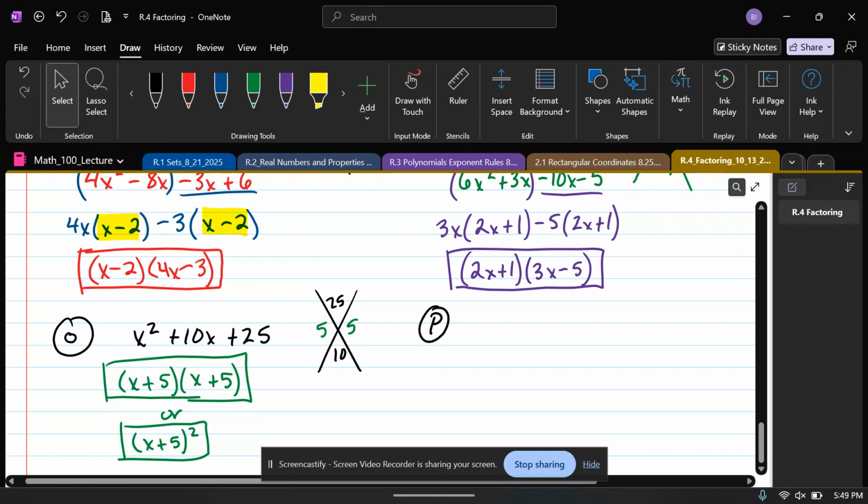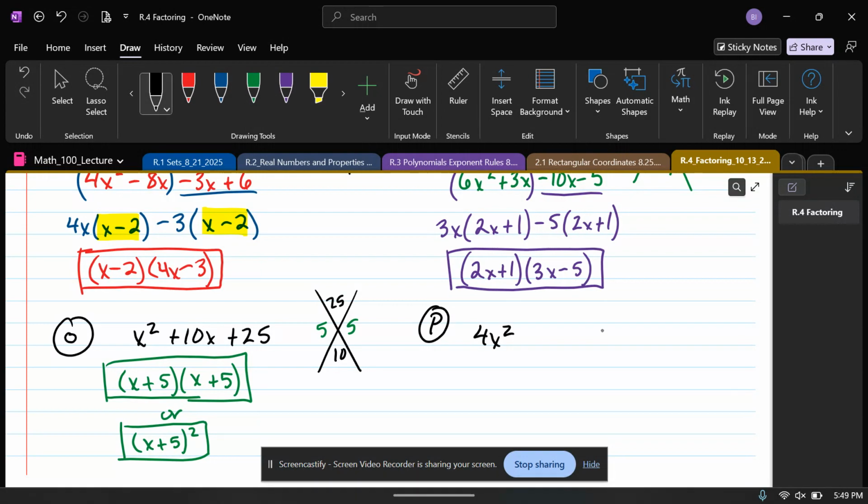Let's say we had 4x squared minus 22x. That's right.